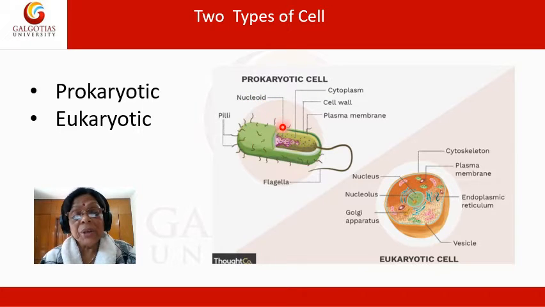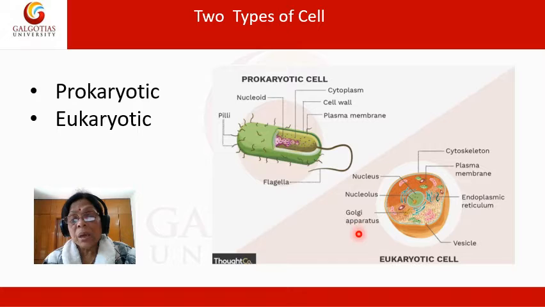In the nucleus, the genetic material or DNA is not surrounded by a nuclear membrane, so they don't have any limiting membrane. And this is the structure of the prokaryotic cell.